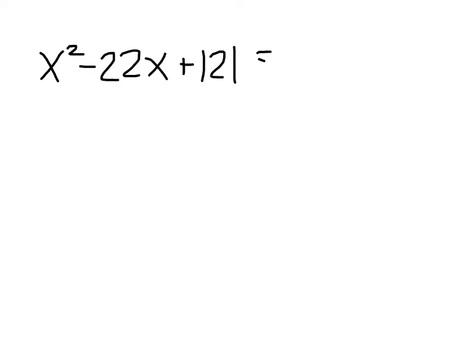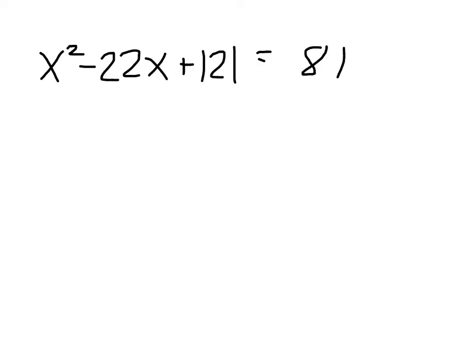Let's go: x squared minus 22x plus 121 equals 81. First thing that I want you to do, factor the side that's got the variables. What times what gives me x squared?